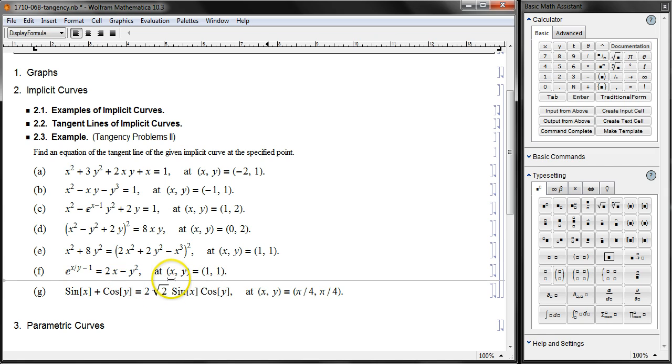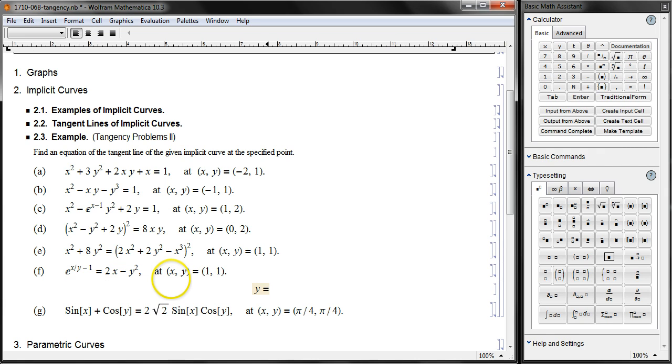Let's anticipate my solution. y equals m times (x minus 1) plus 1 is going to be my solution if my slope is well defined. Or it could be the vertical line, and in this case the slope is undefined. But this is going to be the exceptional case. Most of the time it's going to be like this.